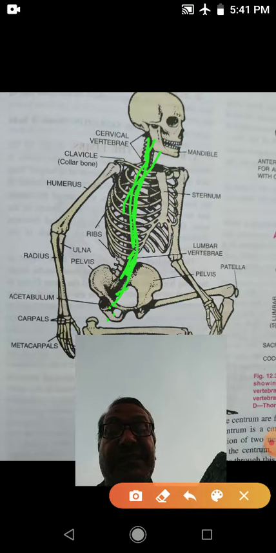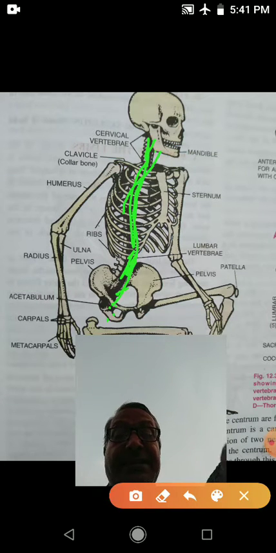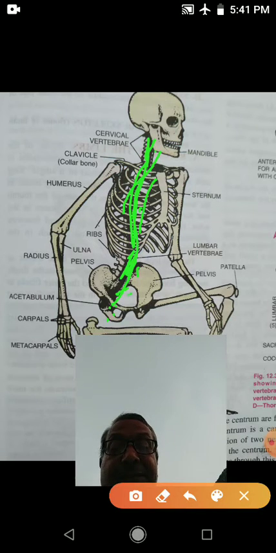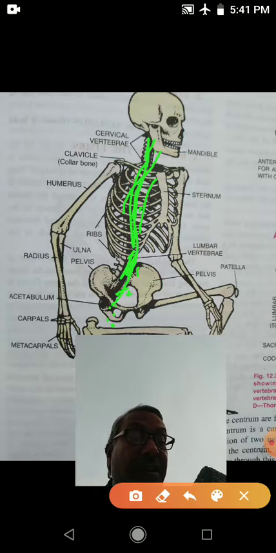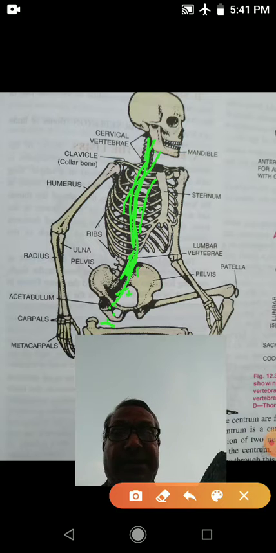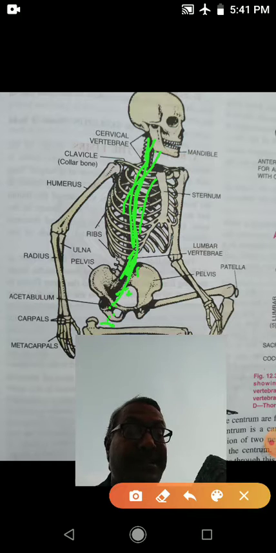There are 7 in the neck region, that is the cervical vertebrae. 12 are in the thorax region, that is thoracic vertebrae, and 5 in the lumbar region. Again, 5 are in the sacral region and 4 in the coccygeal region. But the vertebrae of the sacral region fuse together to form one single bone, the sacrum, and the vertebrae of the coccygeal region fuse together to form one bone, the coccyx.